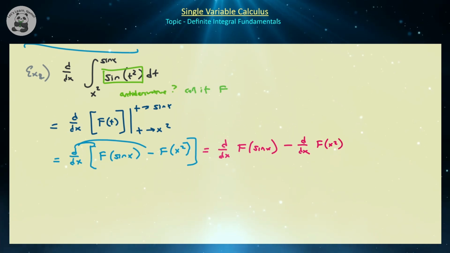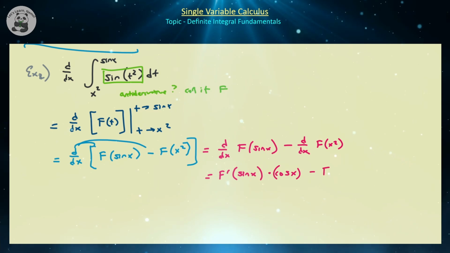Now we're going to apply the chain rule, because we know how to differentiate compositions of functions. It's the derivative of the outside times the derivative of the inside, and the derivative of sine is cosine. Then minus the derivative of F evaluated at x squared times the derivative of x squared, which is 2x.